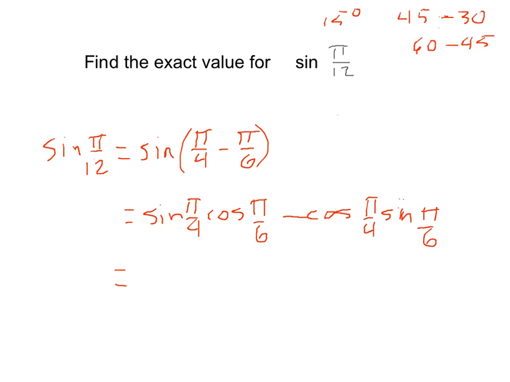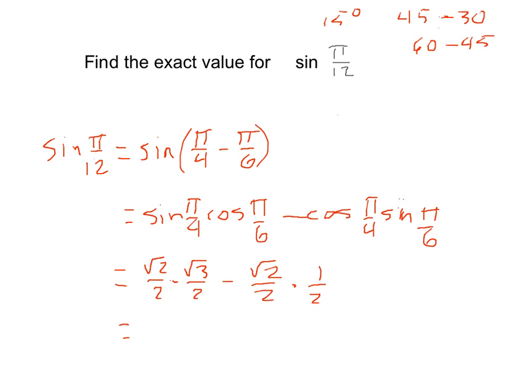The sine of pi over 4 is square root of 2 over 2. Cosine of pi over 6, that's the x-coordinate, which is square root of 3 over 2, minus square root of 2 over 2 times 1/2.